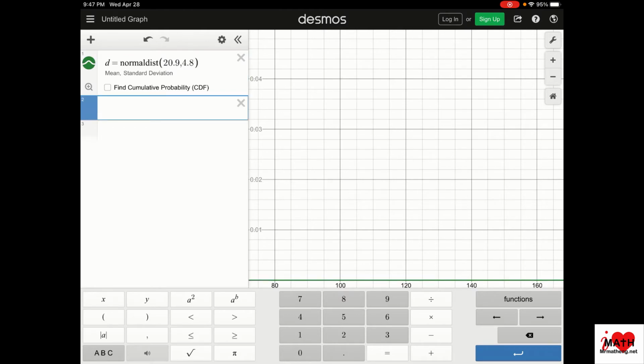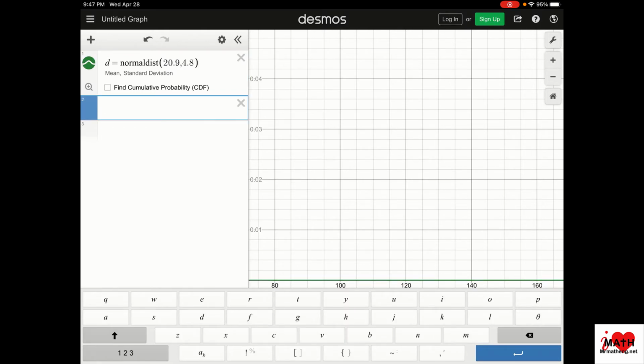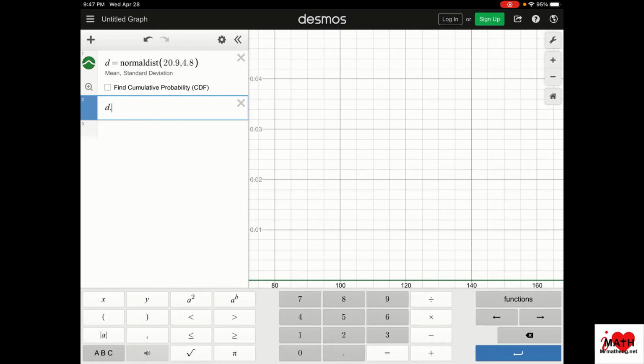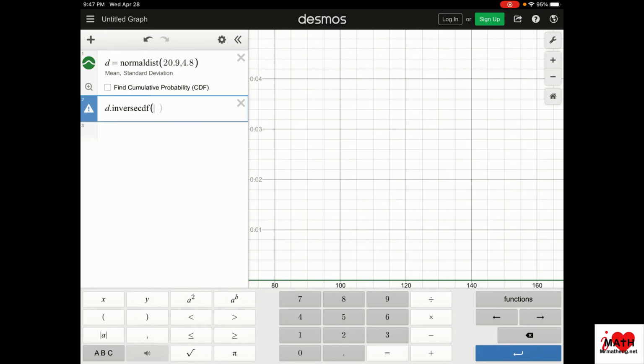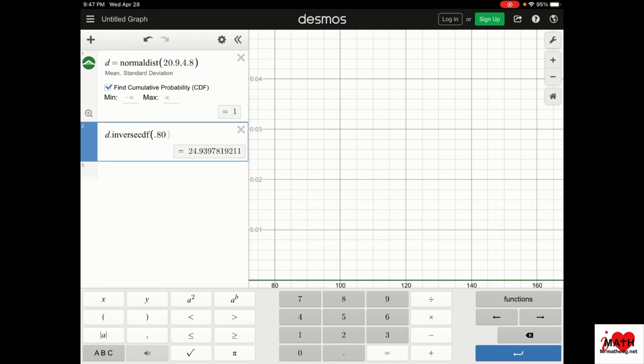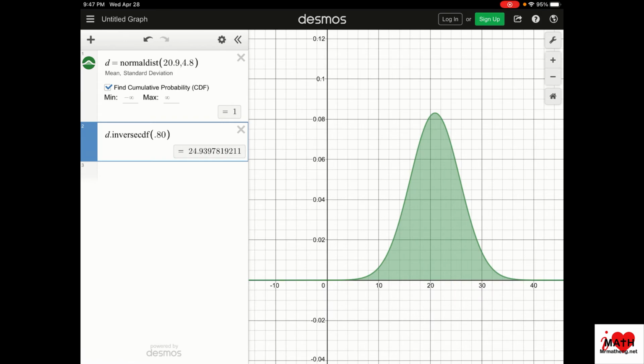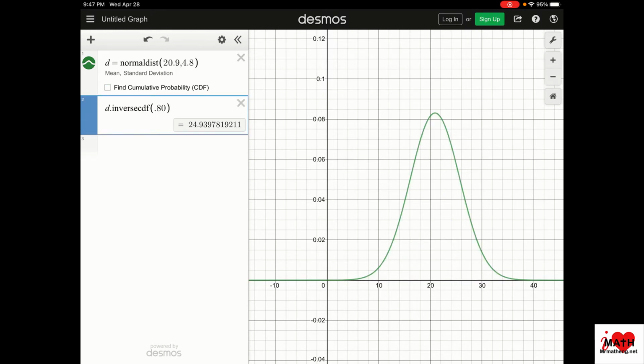Okay, and then the next one you're going to have to type in D dot inverse, so functions, inverse CDF under distributions, and then we're going to type in 0.80. Let's see what happens if you draw a picture. I guess I don't know how to get it shaded, but 24.94 is our answer.